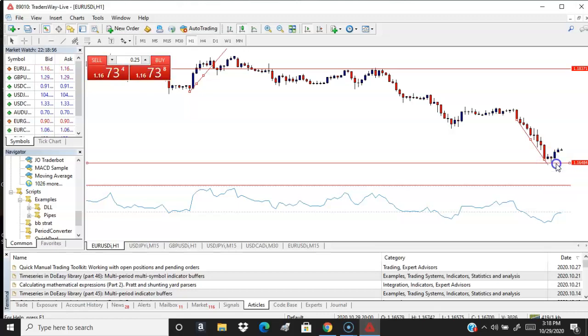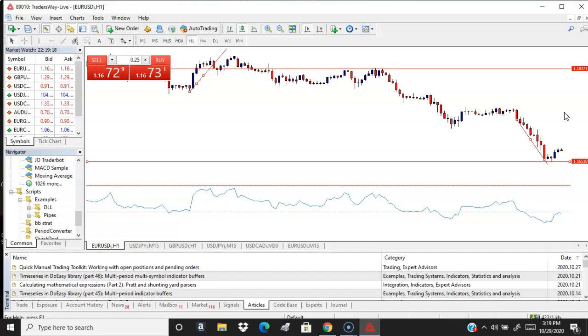So what does support mean? Anything that bounces off this line and trends up will be considered a support line. Until it breaks that line, it acts as a support. It usually is going to bounce off that line depending on the liquidity of the market.